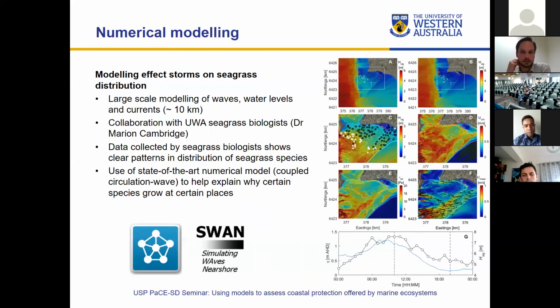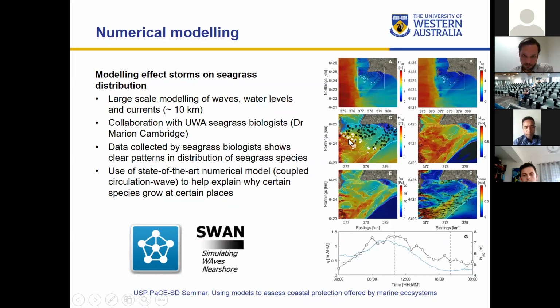So one of the projects I worked on last year was together with some biologists here at the university, and they were very interested in trying to understand why specific species grow in specific areas. So you can sort of see that in panel C in the left column. So every symbol is a different species, species of seagrass in this case.